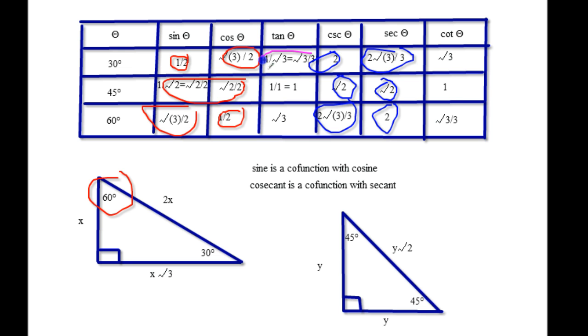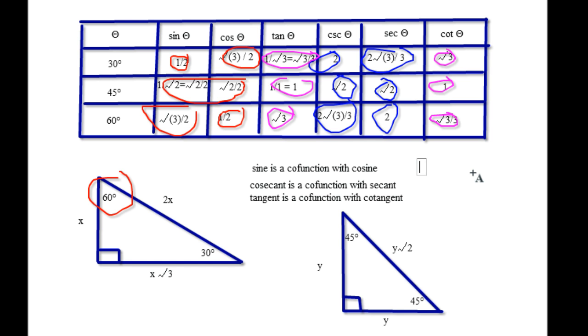Now tangent, if you notice, follows some similar patterns with cotangent, and these two are going to be equal. So tangent is a co-function with cotangent. Okay. Now, what a cofunction means is that it's almost like the complement of the other one.